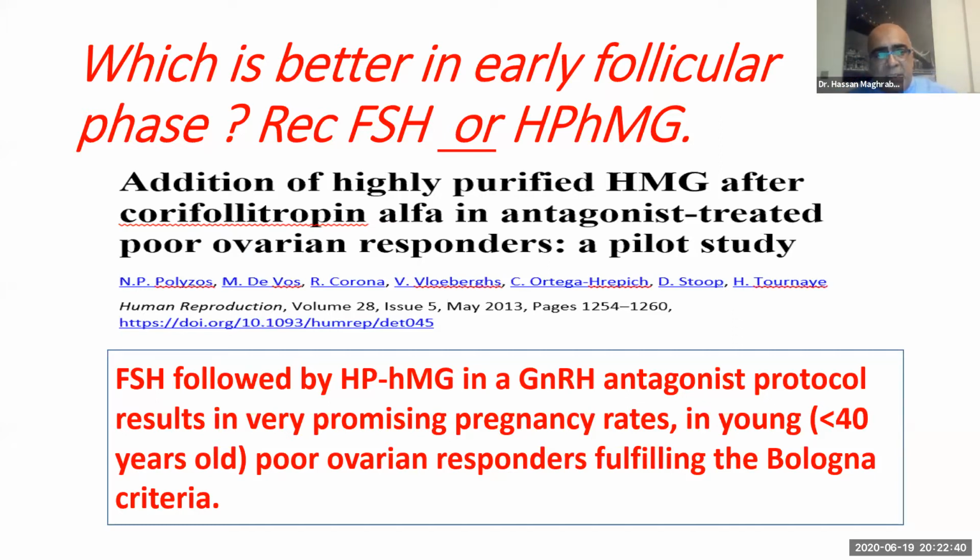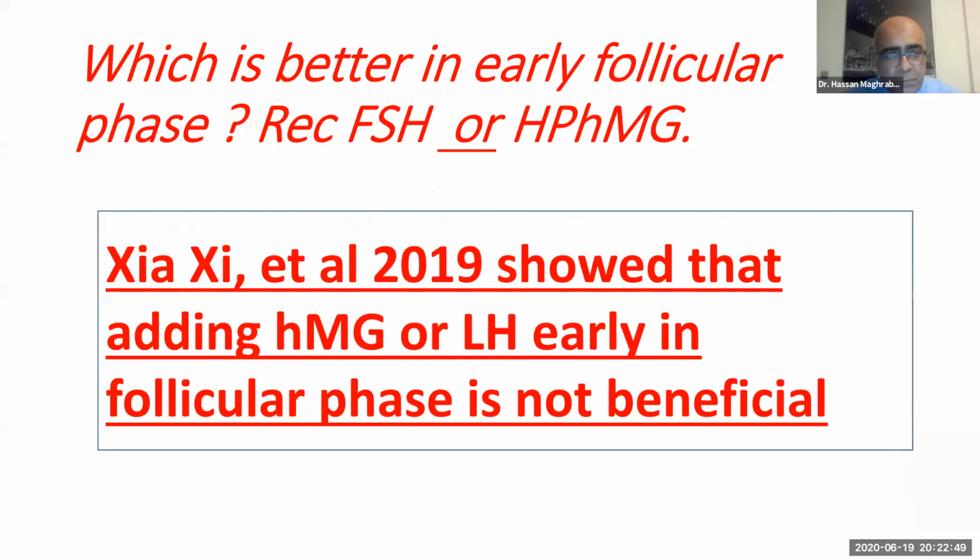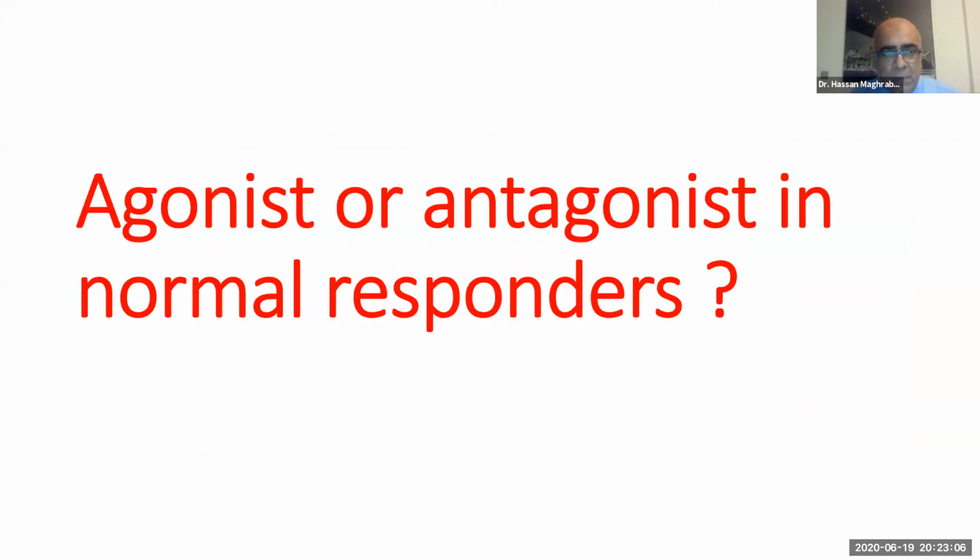But in this study, they used corifollitropin alpha, which is long-acting, and it is FSH followed by HMG. Zia et al. also in 2019 showed that adding HMG early or LH activity in the early follicular phase is not beneficial. So LH early doesn't seem to be beneficial.